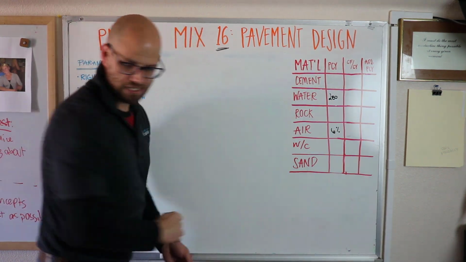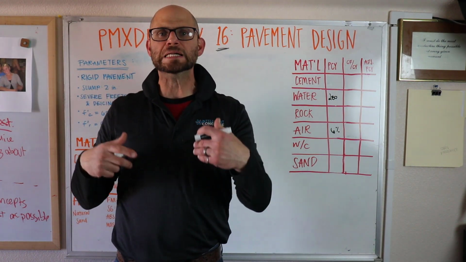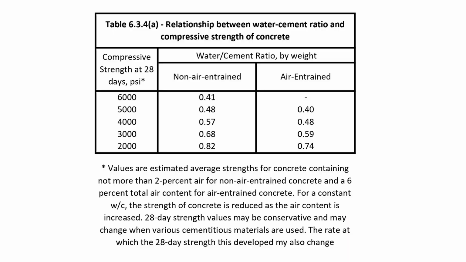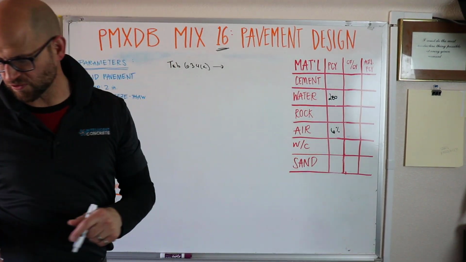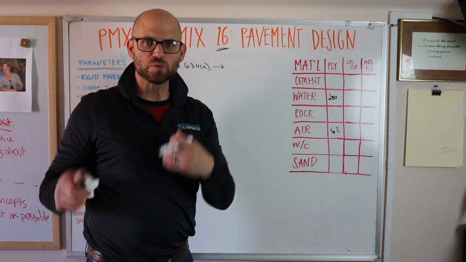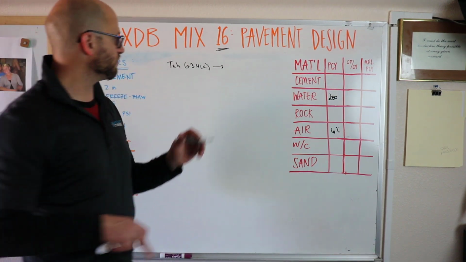Now we're moving on. The next stage is determining our water cement ratio, and from there our cement content. We're going to start out with table 6.3.4a, and this is what I was referring to before about how you can only go so low with your water cementitious ratio, and we're just going to use the lowest amount, which is 0.40.